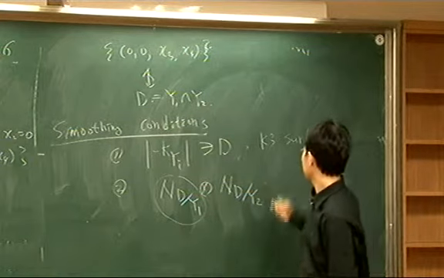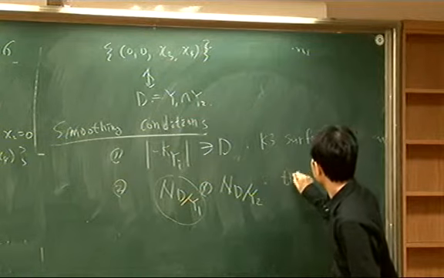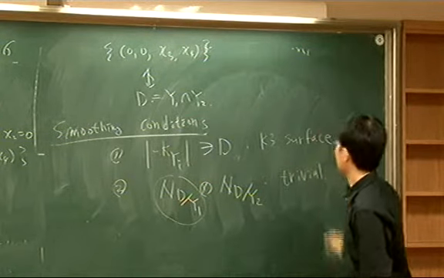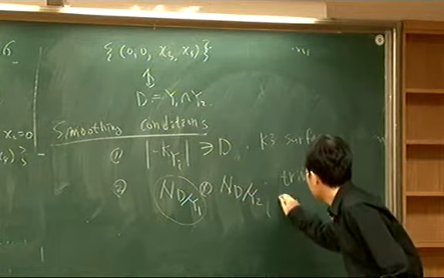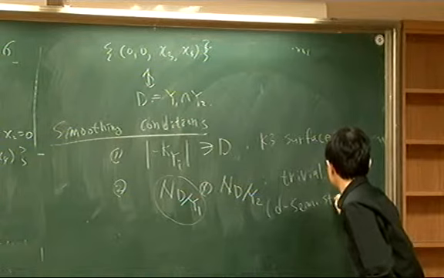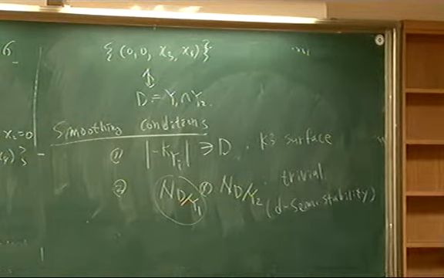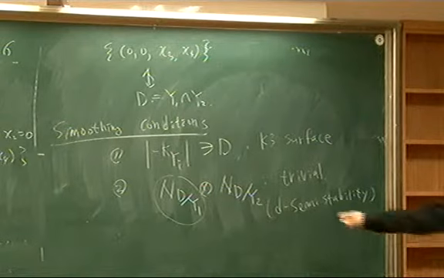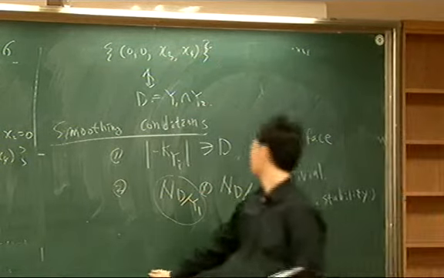I require that this is the trivial bundle. This condition is called d-semistability. Yes, these are all line bundles over D.